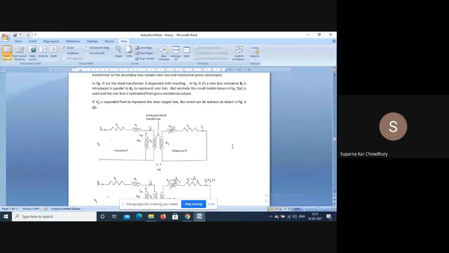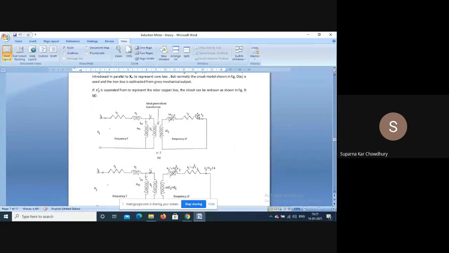So first what we do, this is the first preliminary representation. Now this will represent the stator circuit. So the resistance and inductance of the stator coil, all these per phase quantities, are considered as lumped parameters, and the stator and rotor phase windings create an ideal transformer.